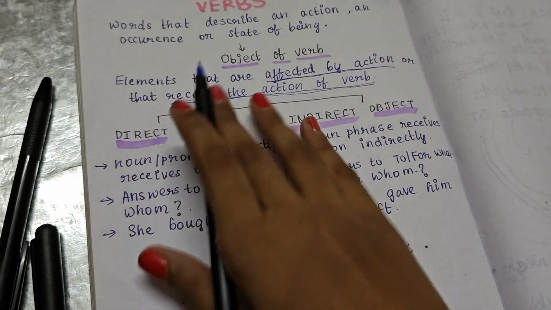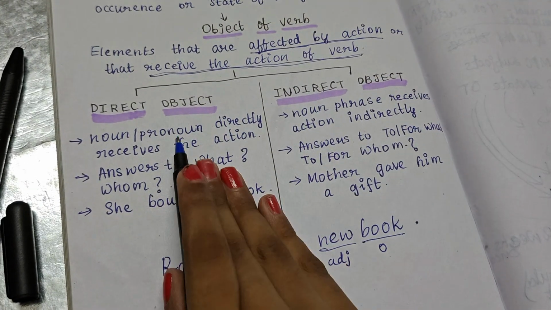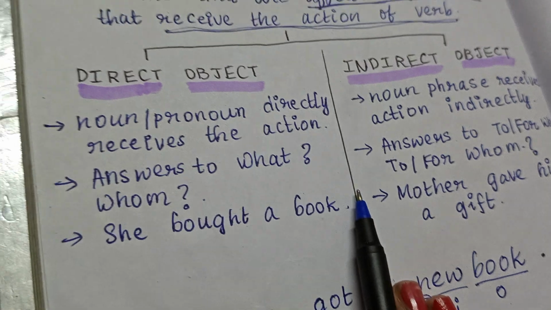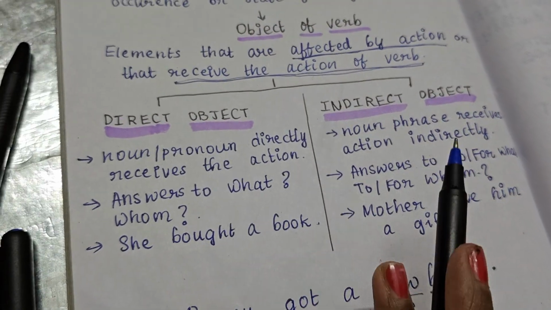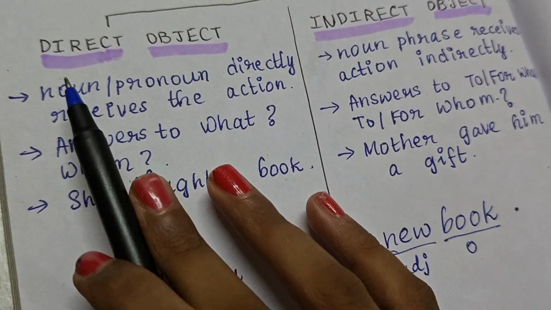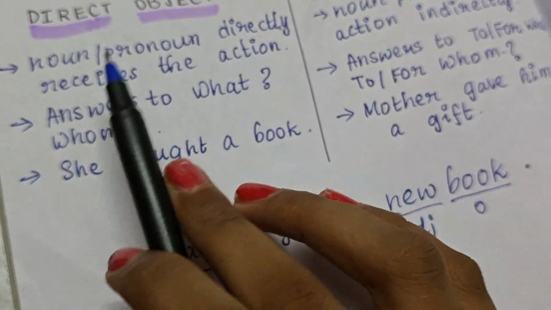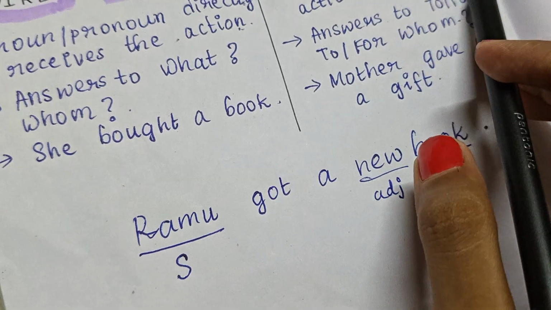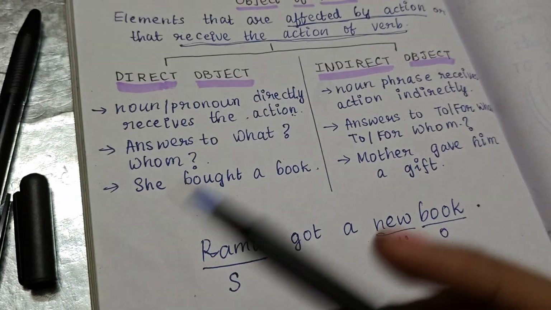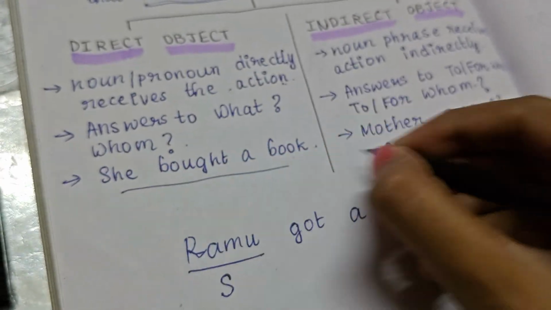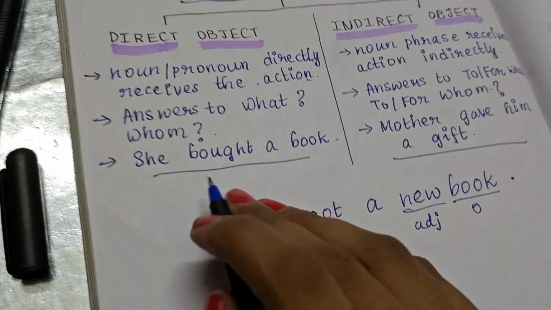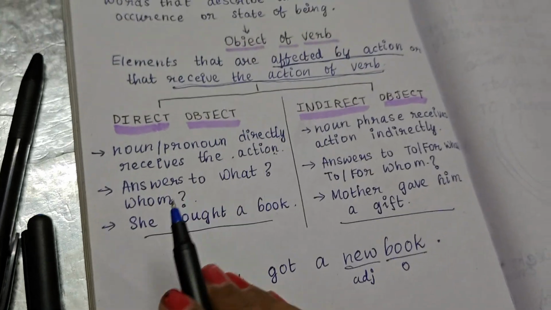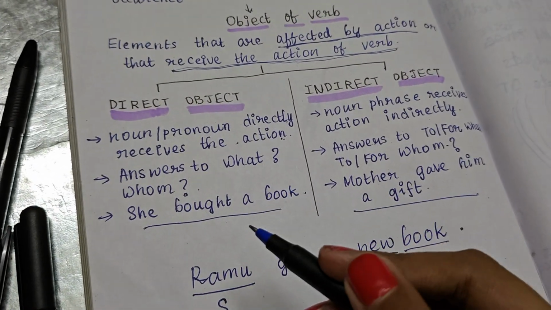Now let's look at two types of object of the verb, direct object and indirect object. Okay, so we have differentiated three main points over here. Direct object: a noun or a pronoun that directly receives the action. Indirect object: a noun phrase that receives action indirectly. For example, let's see with these both examples. She bought a book. I want you guys to identify in this what is an object.